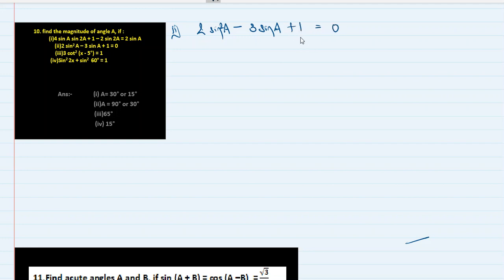See, I'm going to do one very easy thing which will help you to solve this question. Let sine a equal x. Therefore 2x square minus 3x plus 1 is 0.